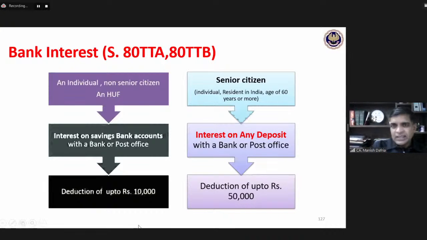And that's why in 80TTB, the limit is high, 50,000. 80TTA, it is only 10,000. So for senior citizens, savings bank interest and FD interest both are deductible up to 50,000. For non-senior citizens, only savings bank interest is deductible up to 10,000. For senior citizens, it is up to 50,000.